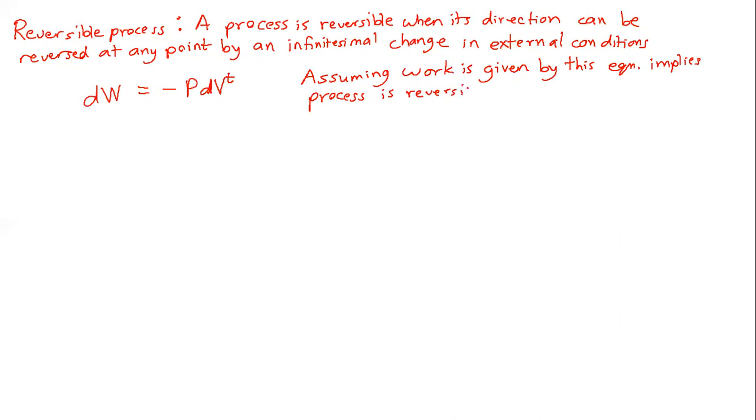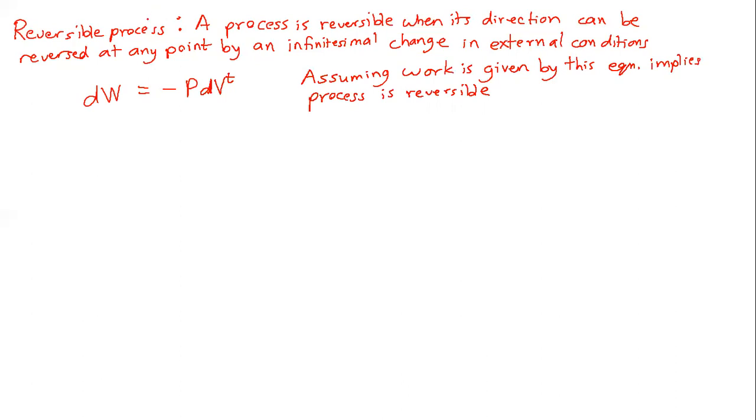And so you could say, how do I know that? Well, if you think back to how we derived that for the cylinder with the piston, it assumed that the pressure is uniform throughout the fluid, so that the force of the fluid on the wall is equal to the pressure times the area.